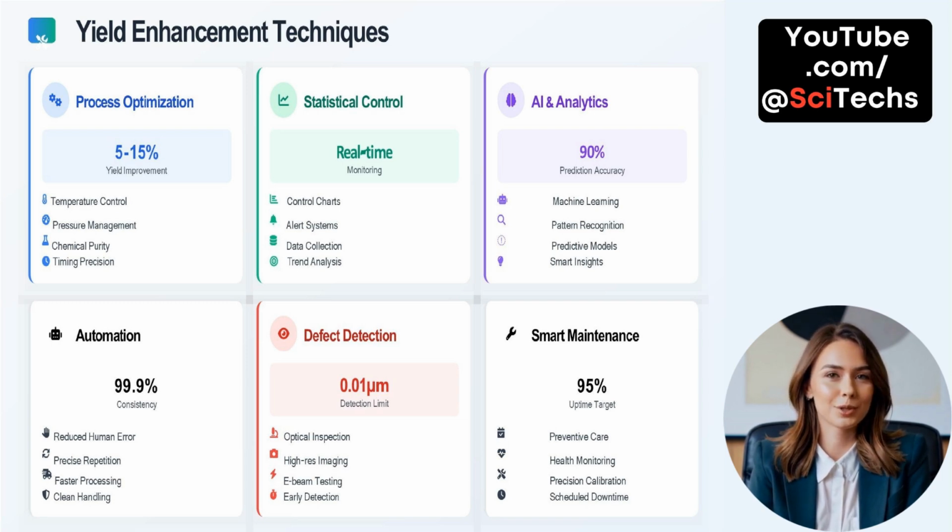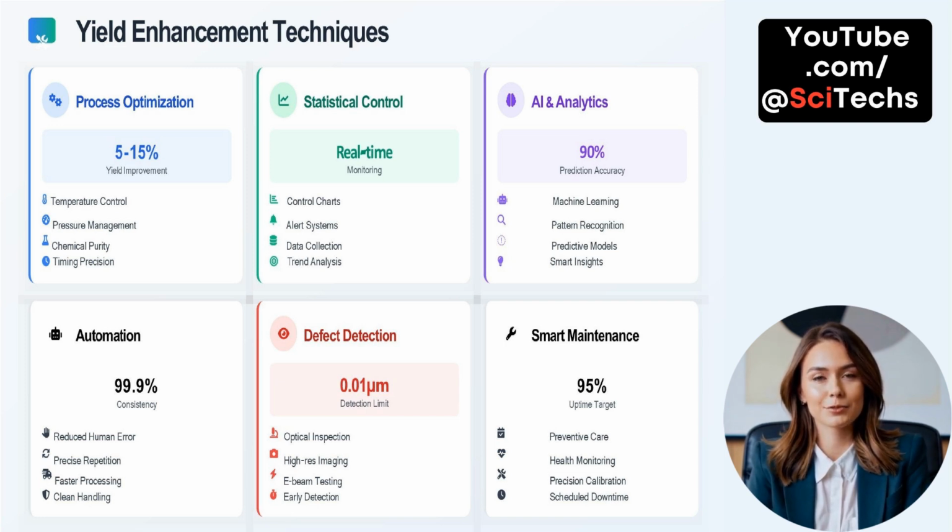These factors ensure process conditions are finely tuned to minimize variability and maximize output. Statistical control adds real-time monitoring with tools like control charts, alert systems, data collection, and trend analysis. These help teams quickly detect deviations and act before problems escalate.